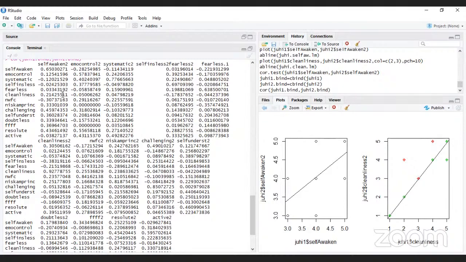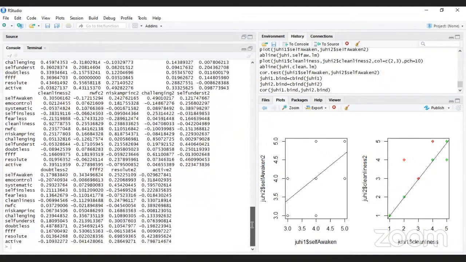Okay. So you can assess which value is more stable over the periods. So that can be assessed by this analysis, by the test-retest reliability. Okay.